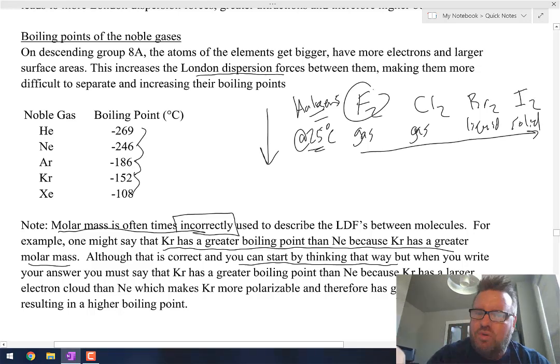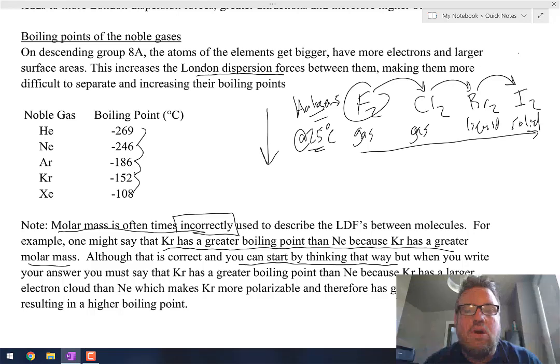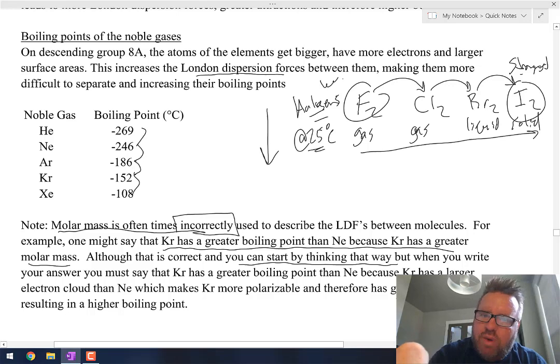As you go down from fluorine to chlorine, chlorine to bromine, bromine to iodine, the size of the electron cloud is getting larger and larger. And as it gets larger, the strength of the London dispersion forces increases. So of those four, I2 has the strongest London dispersion forces, where fluorine would have the weakest.